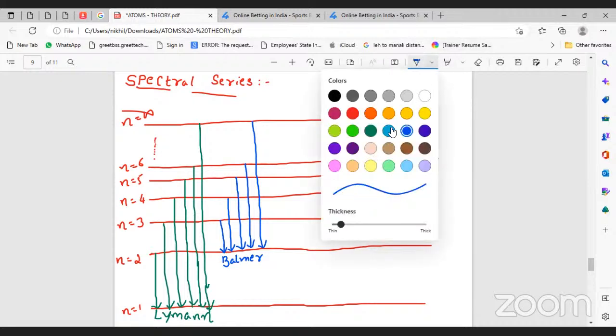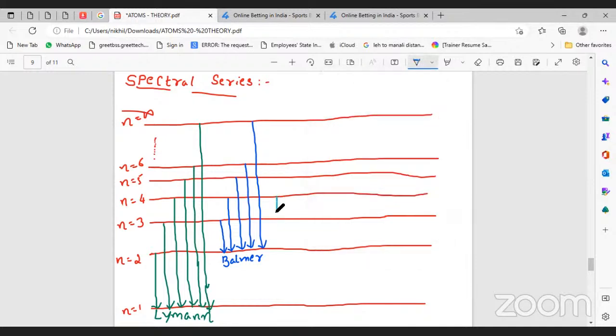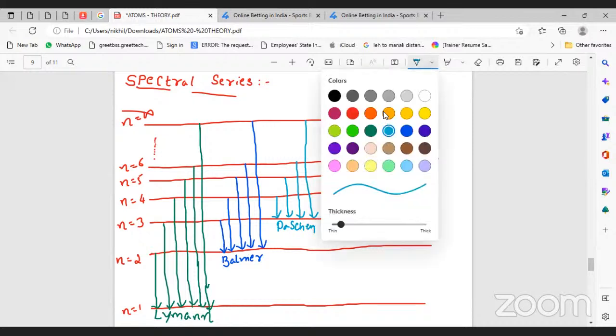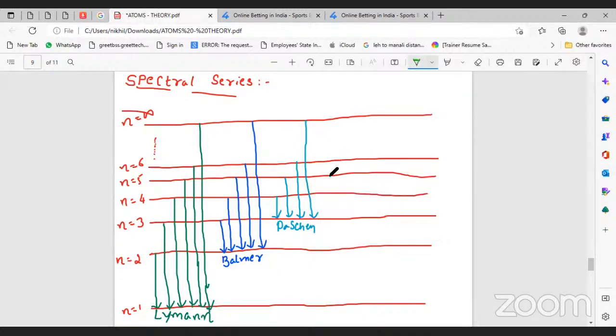Similarly, if the electron takes a transition from a higher orbit to the third orbit, it is called a Paschen series. Then, if the electron is taking a transition from a higher orbit to the fourth orbit, then it is called a Brackett series.